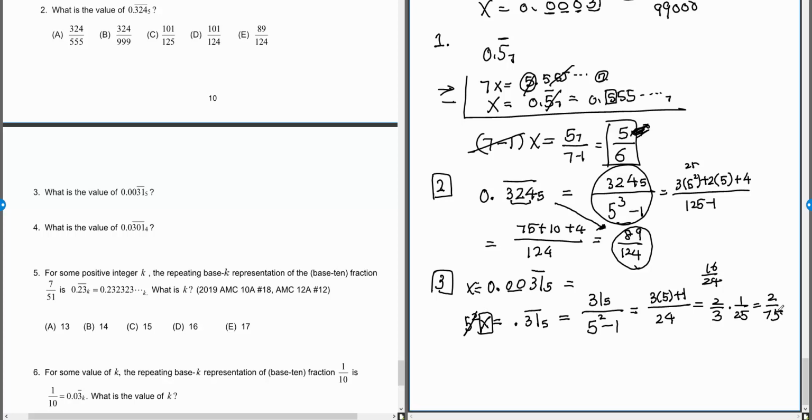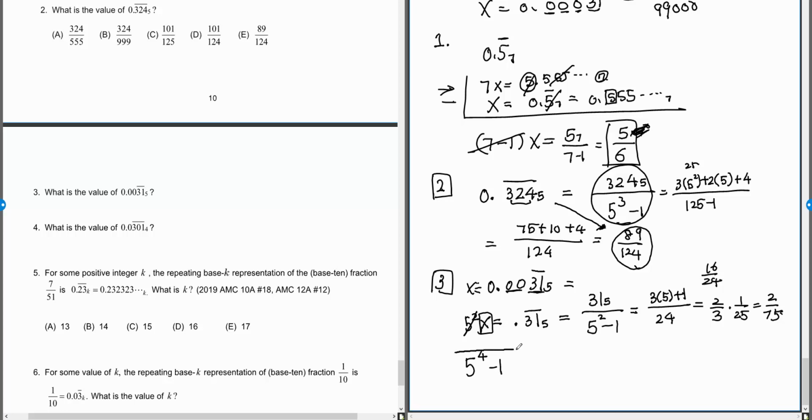Okay. 2 over 75. Or you can go right directly. You're going to move right 1, 2, 3, 4 digits to move to the front. 4 digits is 5 to the 4, isn't it? And minus 1 over here, right?